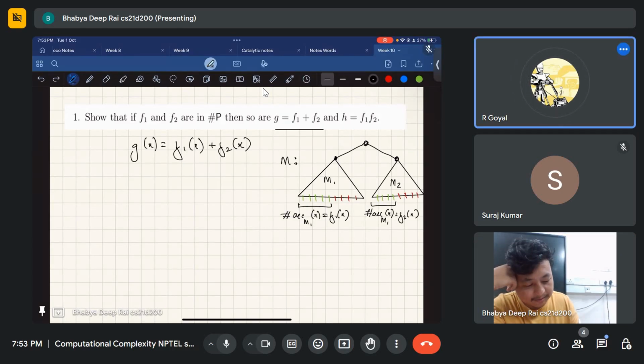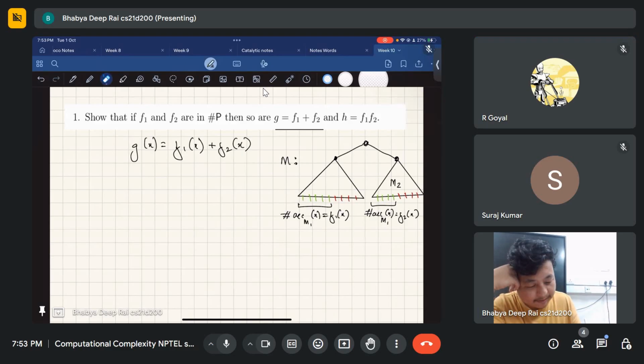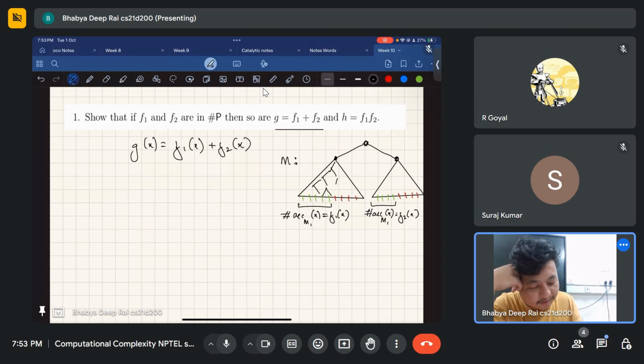Right. So this is like branching out. This is M1 and this is M2. There's only one thing to add here. On the left branch I'm running M1, on the right branch I'm non-deterministically running M2.